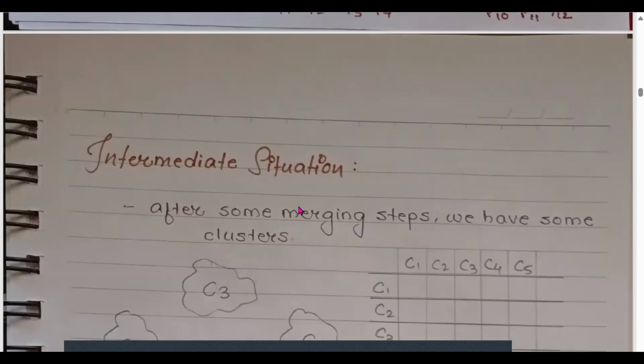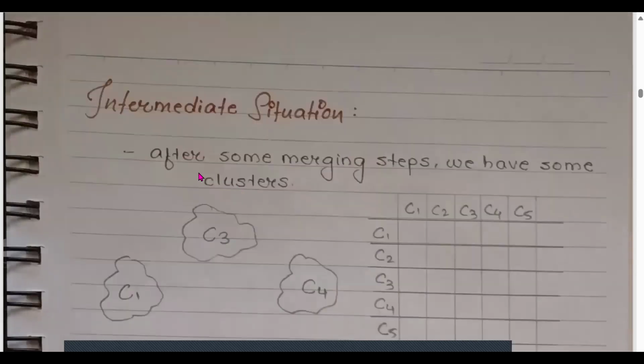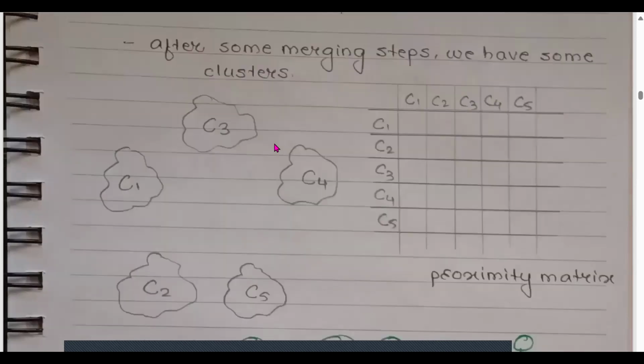Intermediate situation. After some merging steps, we have some clusters: C1, C2, C3, C4, C5, and the proximity matrix.